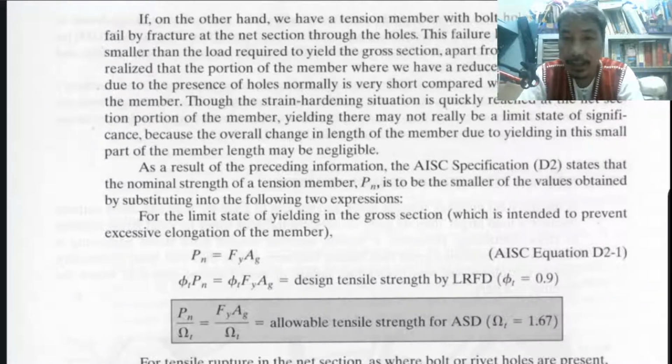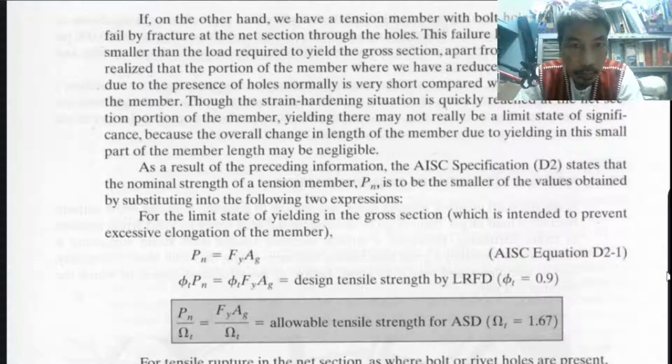And if the material in a particular section is decreased, therefore the material resistance to failure will also decrease. And if the resistance to failure decreases, therefore it is more susceptible to failure. Okay?